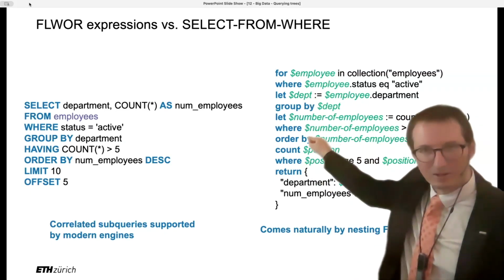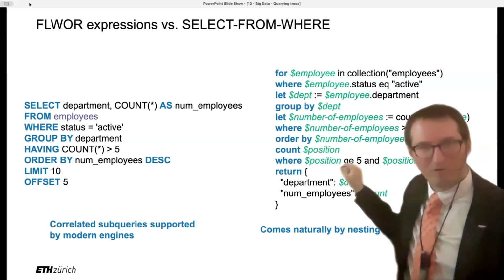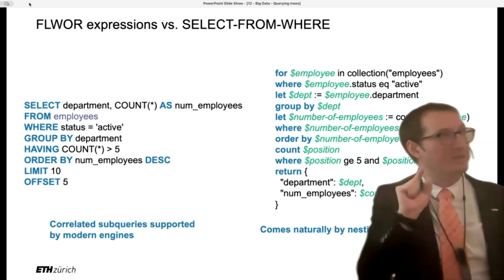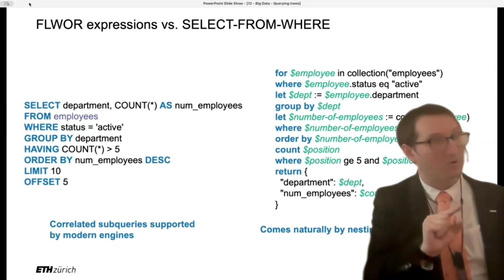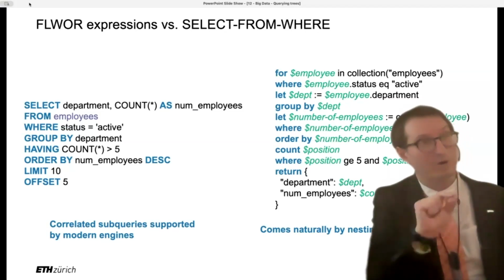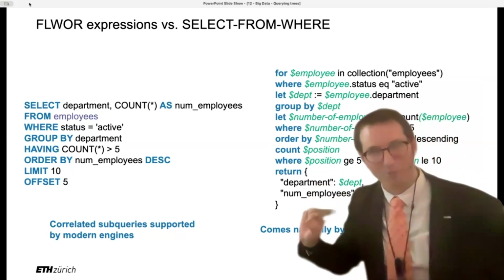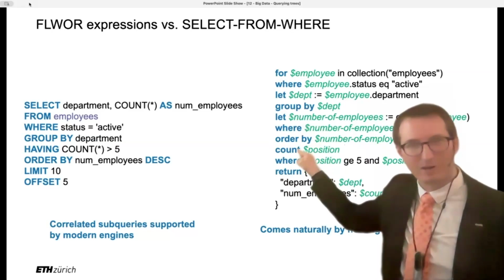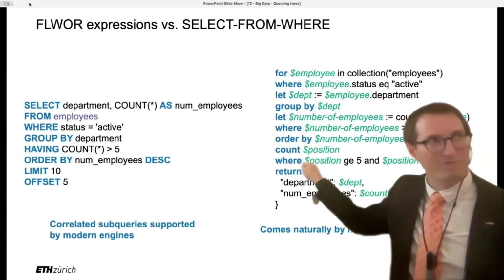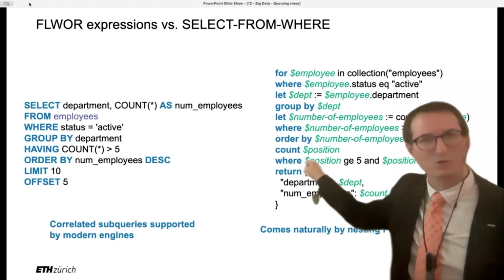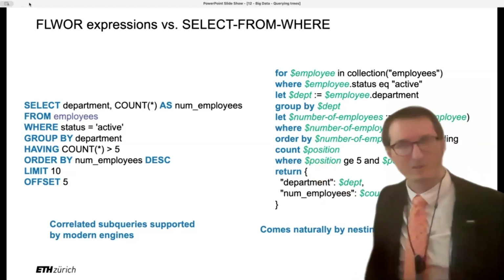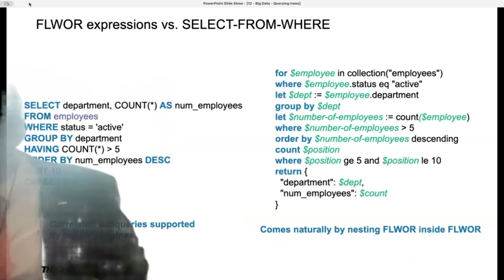Every variable here is in scope, and you can use any of them in your nested FLWOR. And it does mean that your nested FLWOR will be evaluated for every combination of variables. So be careful, because if you have a billion here and a billion here, you might have to evaluate this one a quintillion times, I think. So be careful, right, when you have this correlated in this way.